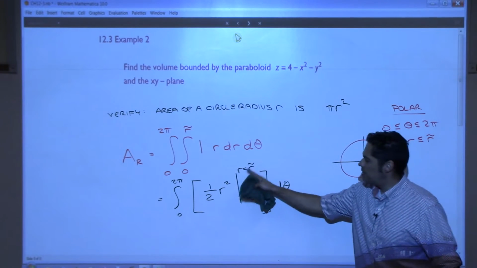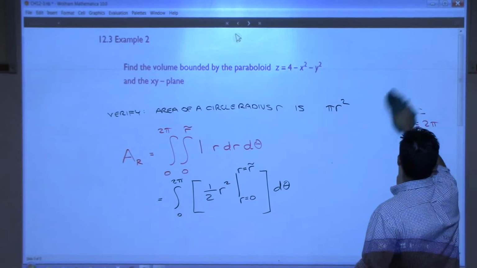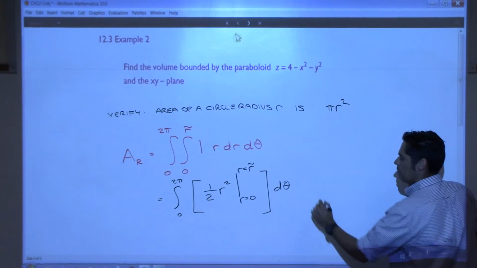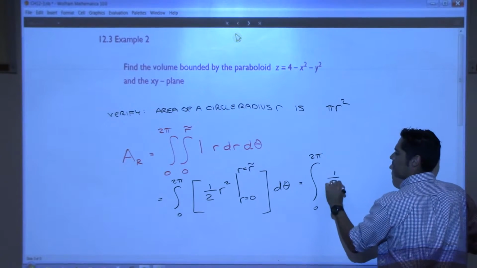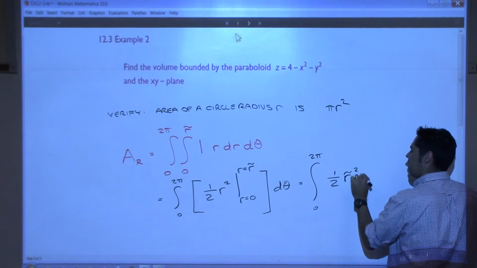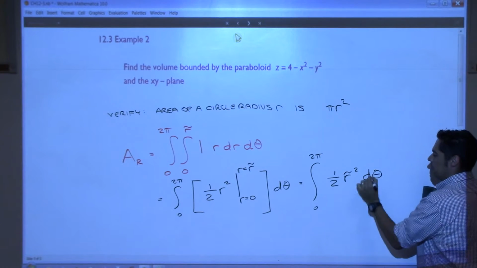Replace r with r tilde, replace r with 0. What would you get? Just 1/2 r tilde squared d theta.